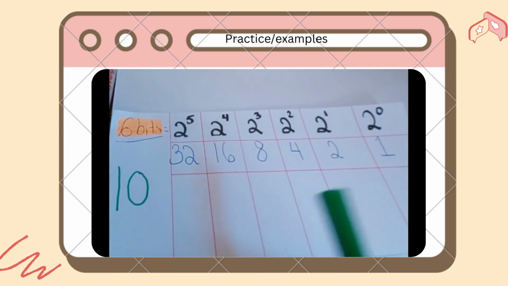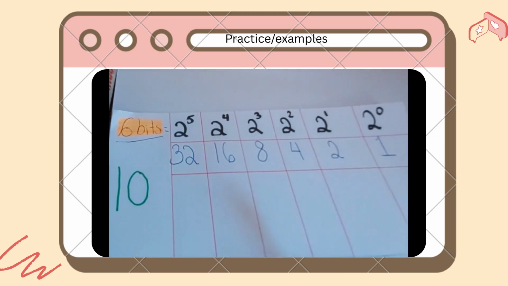If you don't find the number, then you can find two or more numbers that add up to that number. And if you find those numbers, then you place a 1 under the numbers you will use and a 0 under the ones you will not use. So enough of information, and we'll get right into the practice.